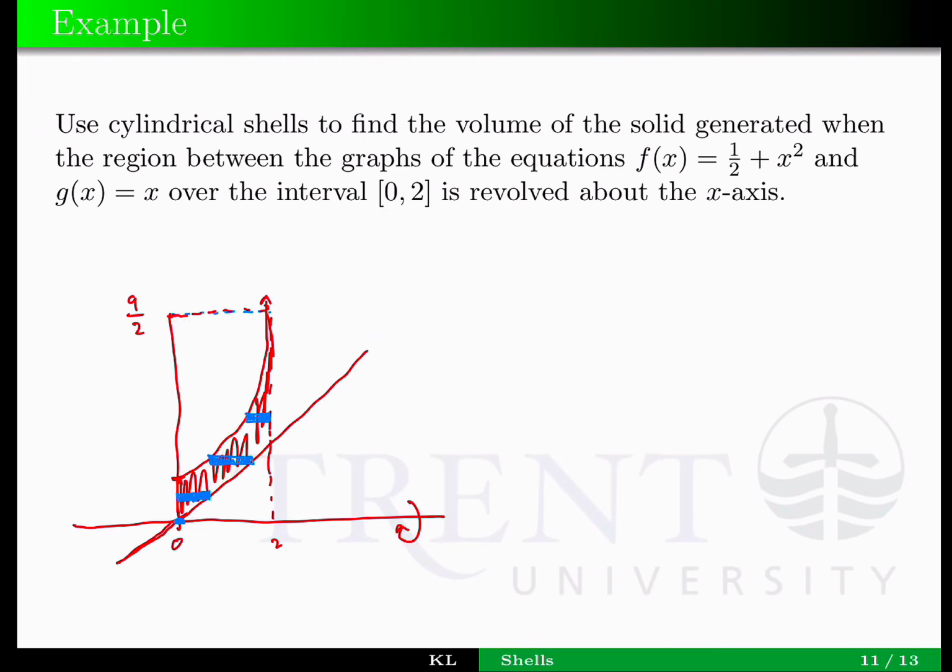If we consider this up to this point only, the leftmost part is x equals 0, and the rightmost is this line. So you will have this portion.